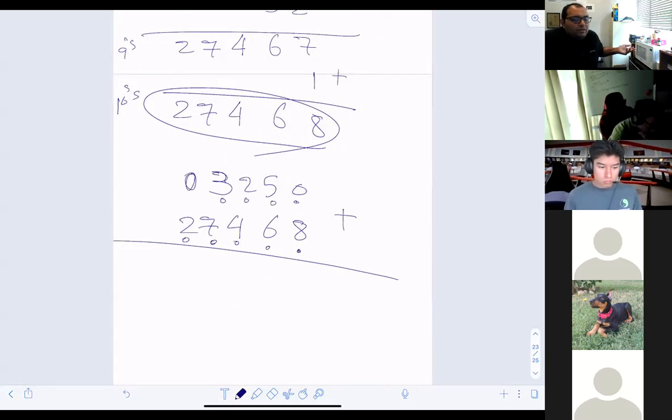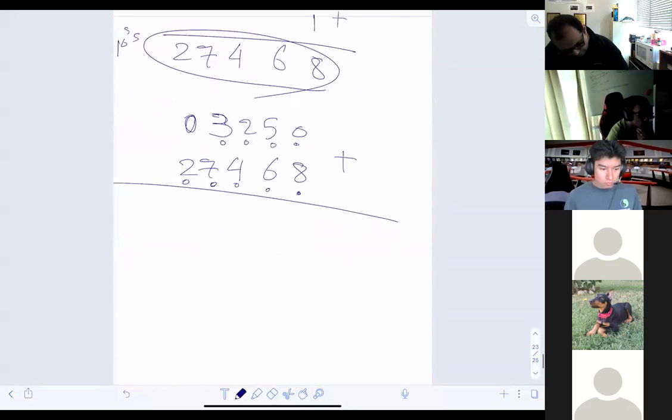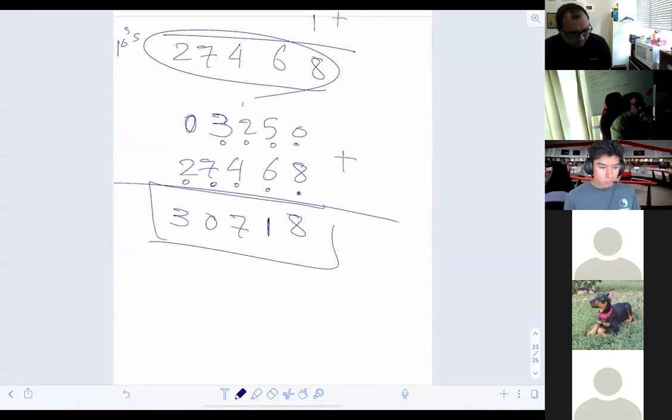This 0 will not affect anything. If I say 0, 3, 2, 5, 0, it's actually 3, 2, 5, 0, right? Let's add them together. So 0 plus 8 is 8. 5 plus 6 is 11, and we carry 1. So 7 here. 3 plus 7, 0. And then we have here 3.